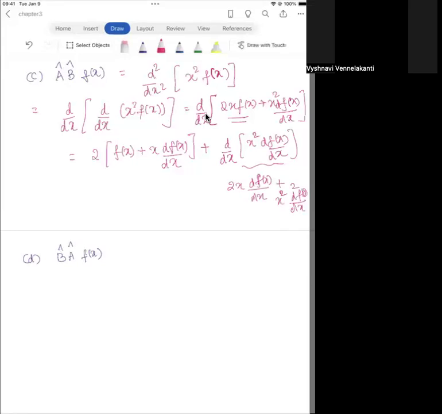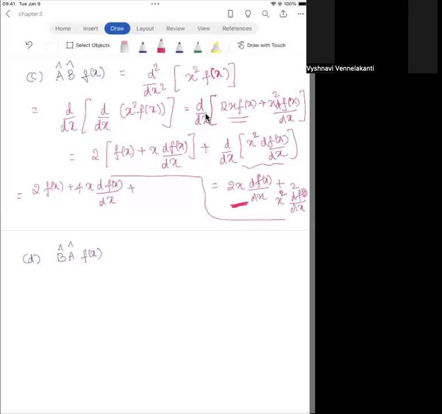So yeah, that's fine. So the final value of this is gonna be, we have another 2x df of x over dx, right? So when we add it, we get 4x.